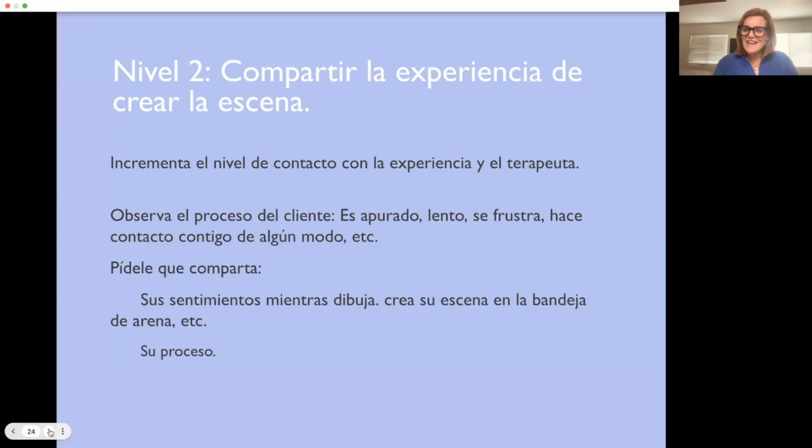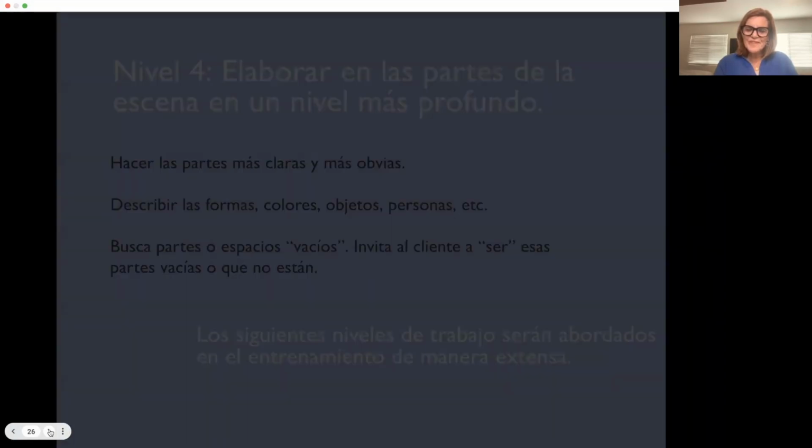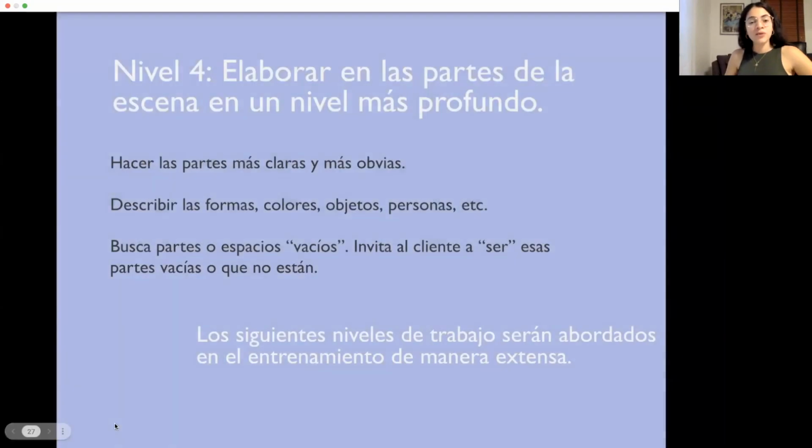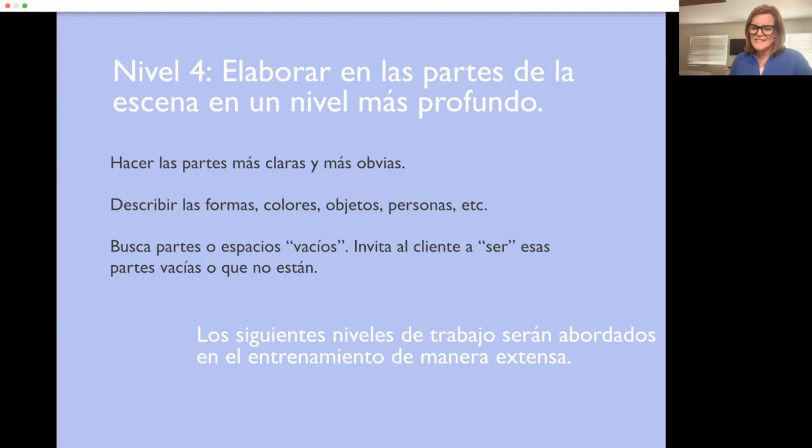Do you have an I-thou relationship? Are they developing a stronger sense of self? That's the Oaklander model.